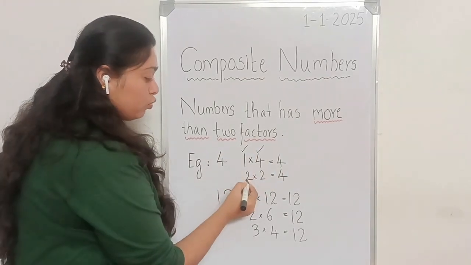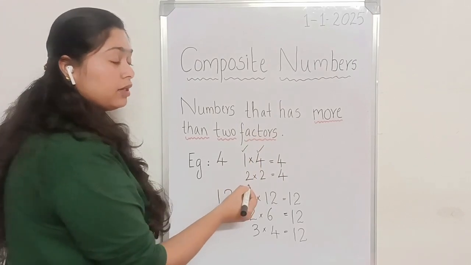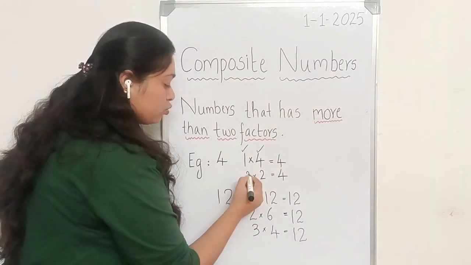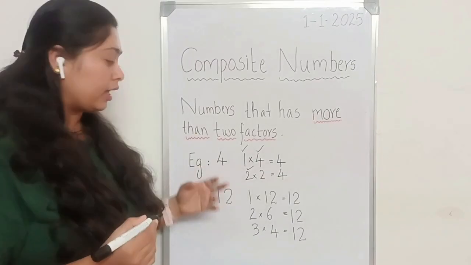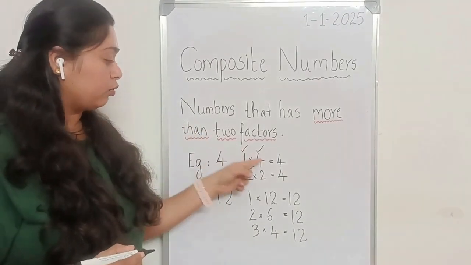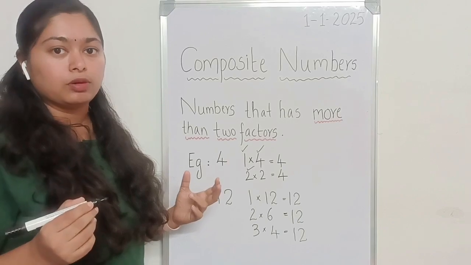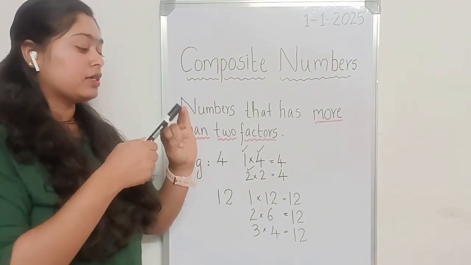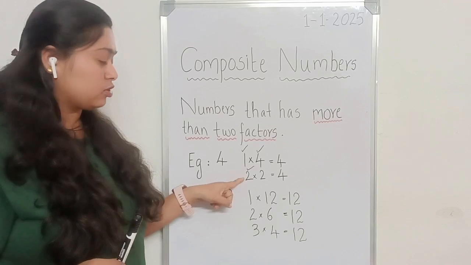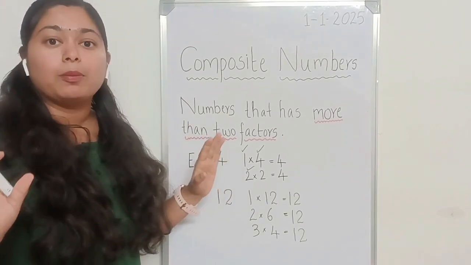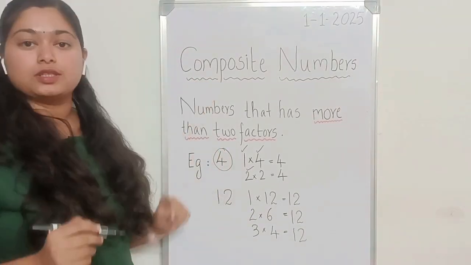Same way, 2 multiplied by 2 is also 4, which means 4 can be divided by 2 without a remainder, which means 2 is also a factor of 4. So, now itself I have 3 factors for 4, 1, 4 and 2, which means it's not obeying the rule of prime number. One factor is 1 itself, second factor is the number itself, that is 4, and then there is one extra factor, that is 2. So, not a prime. Then what else? 4 is a composite number.